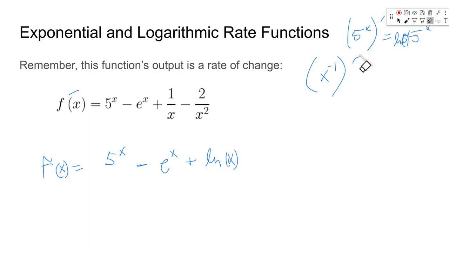So this x to the minus 1 is the derivative of something. If I try to think back to what I was doing, if I add 1 to the exponent and then divide by that new exponent, ooh, that looks like it's not going to be very nice. It's going to be x to the 0 divided by 0. That doesn't work. So I have to remember 1 over x came from natural log of x. So we've got to see that that's where it is.